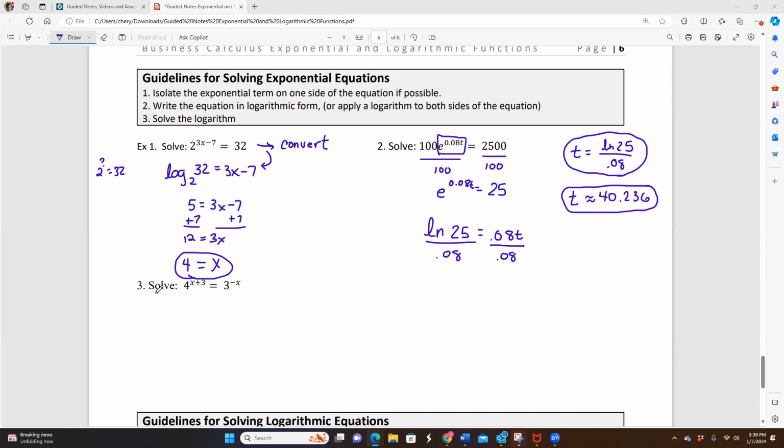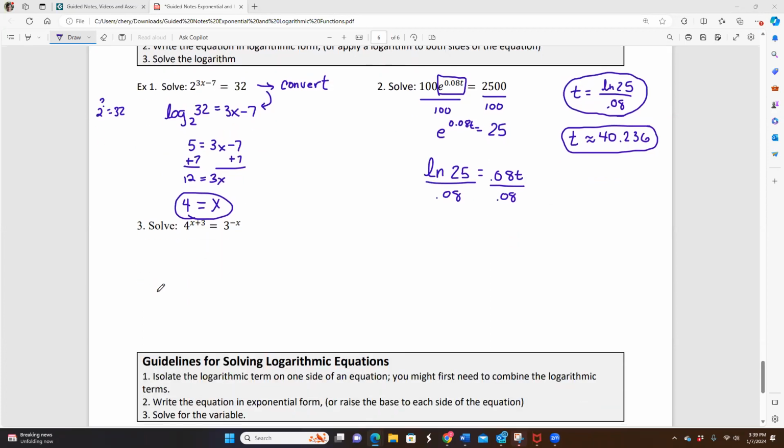Looking at problem number 3, we have a bit of a situation. Well, I do have each exponential expression isolated, but converting it to just one log is not going to work out that well. So what we do is we apply a log to both sides.